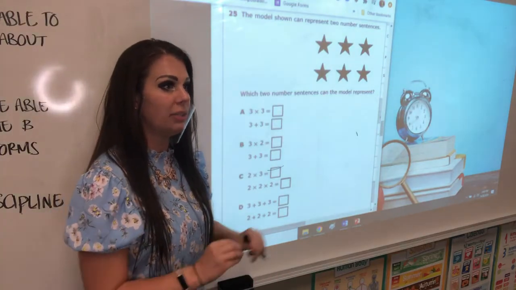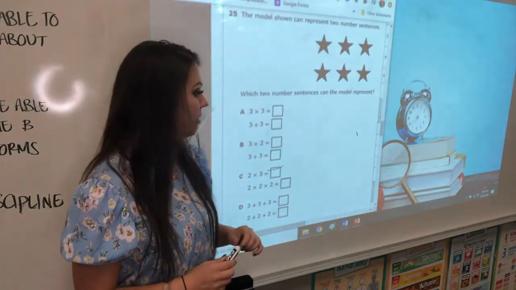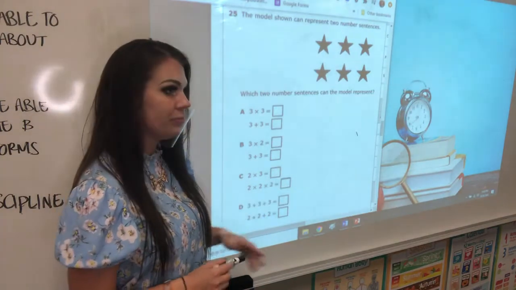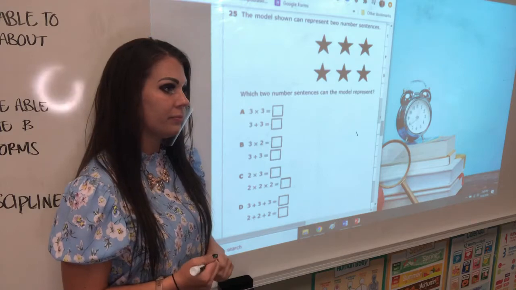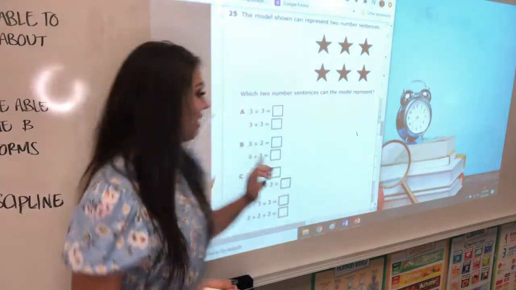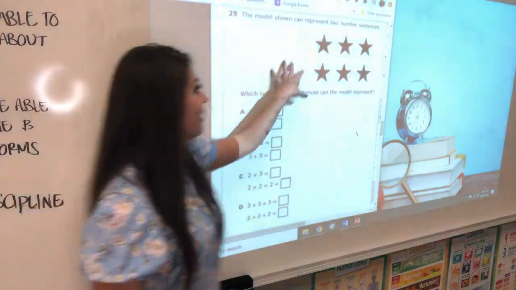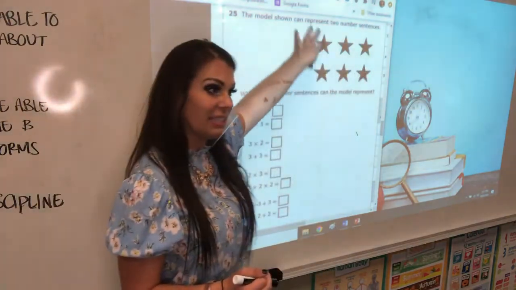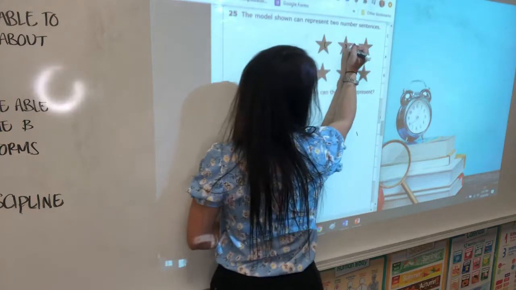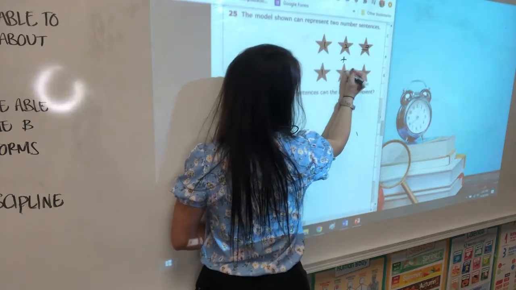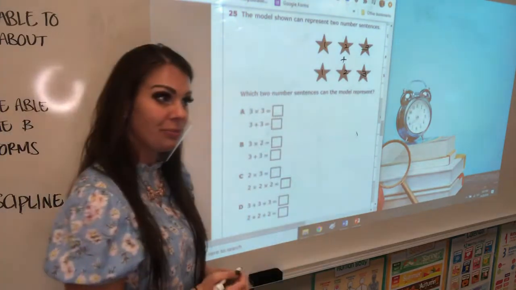Which part don't you understand? The 3 plus 3 plus 3 plus 3. So it's just saying which number sentences are showing this right here. So this could be 1, 2, 3 plus 1, 2, 3, right?